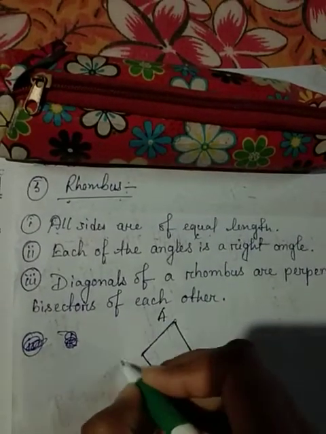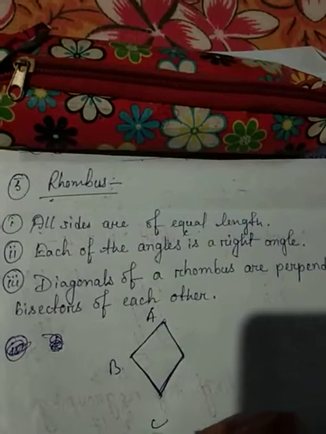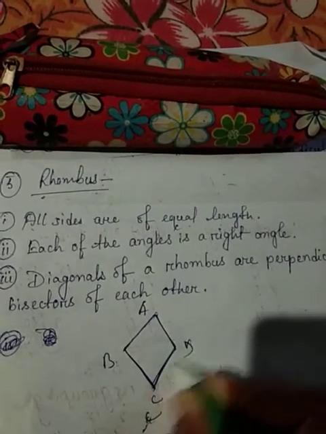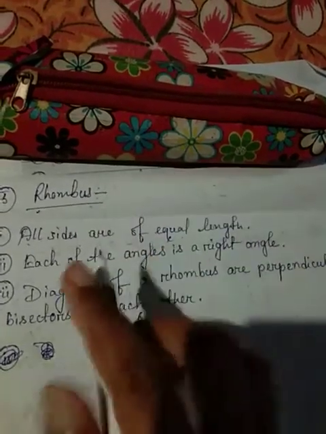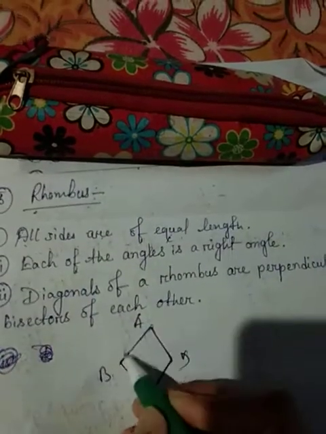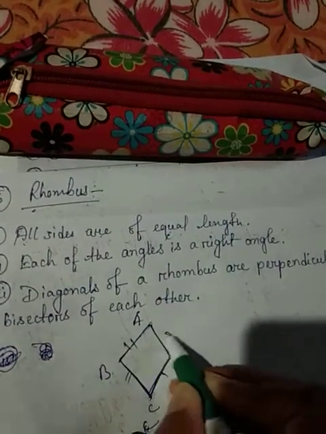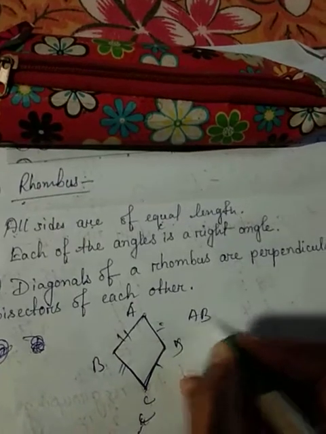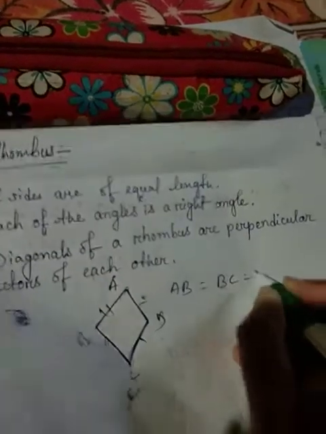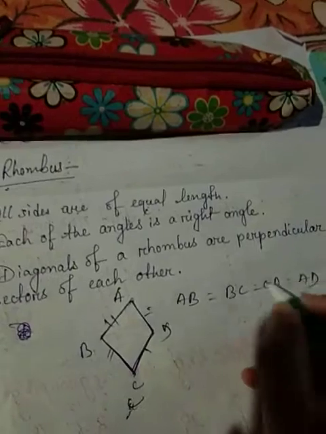Say A, B, C, D. So here all sides are of equal length. That means this side, this side, this side, these sides are all equal. That means AB equals BC equals CD equals AD.